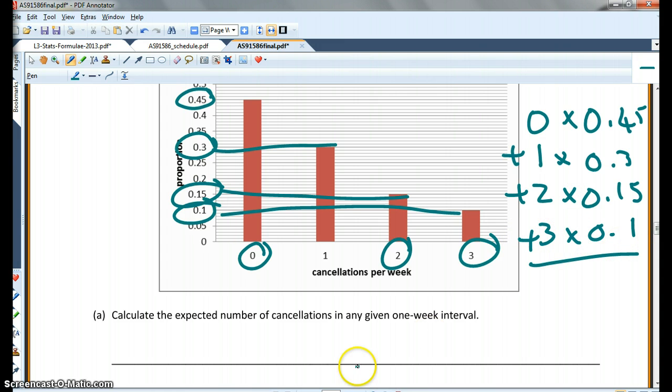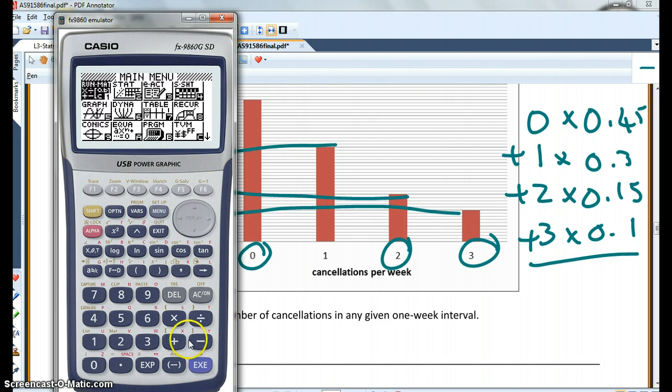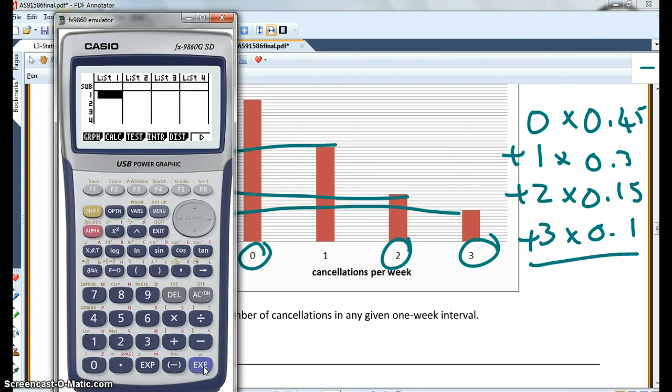The other way that you could do it, which is a cool trick for lots of uses, is to go into stats and on list 1 have the 0, the 1, the 2, the 3, and then on list 2 have the 0.45, the 0.3, the 0.15 and the 0.1.